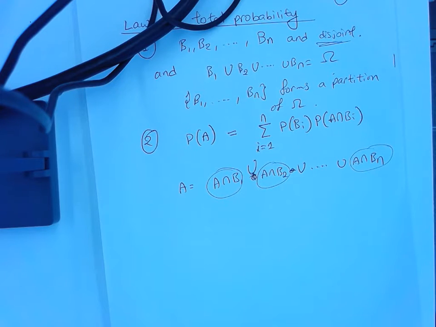If they don't cover everything, there may be something in A which you may miss. And they have to be disjoint, otherwise you'll be counting something twice. So that's the law of total probability.